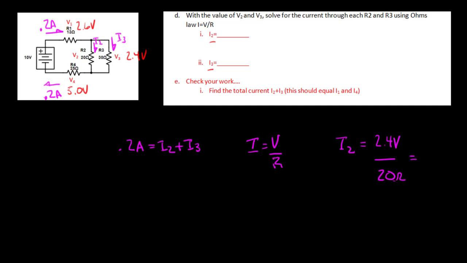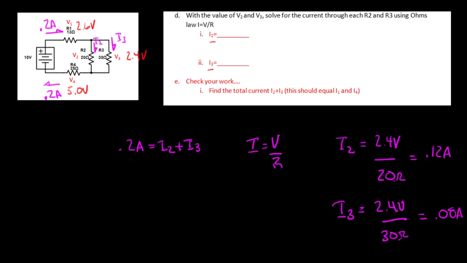That's going to equal 0.12 amps. Now I can use the same Ohm's law and say that I3 is going to equal that same 2.4 volts, except now I'm dividing by 30 ohms.